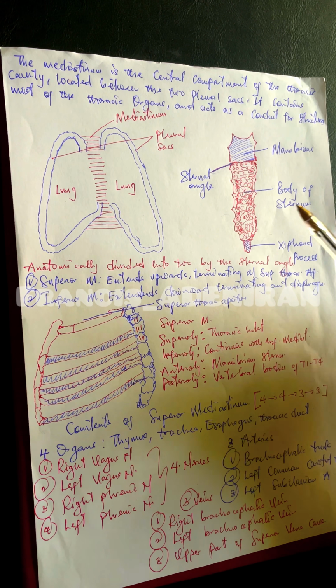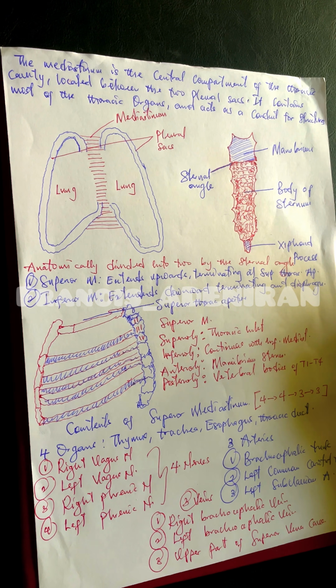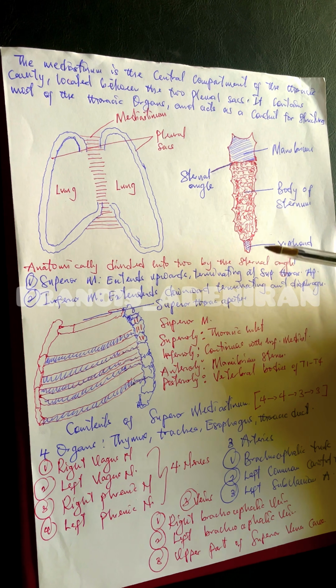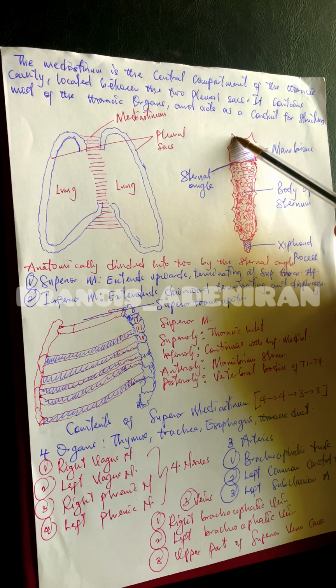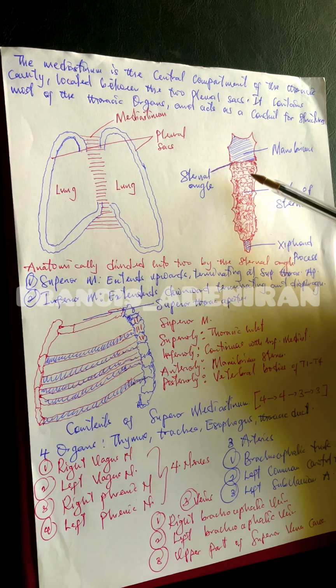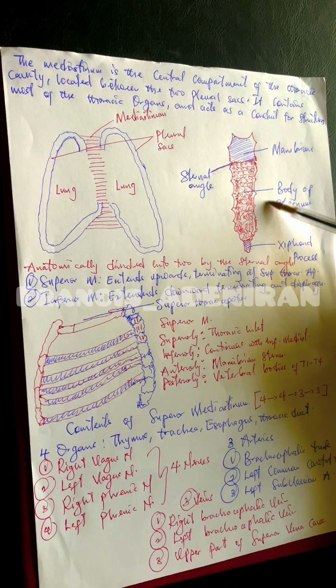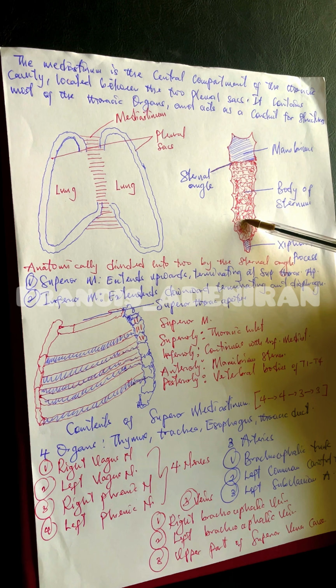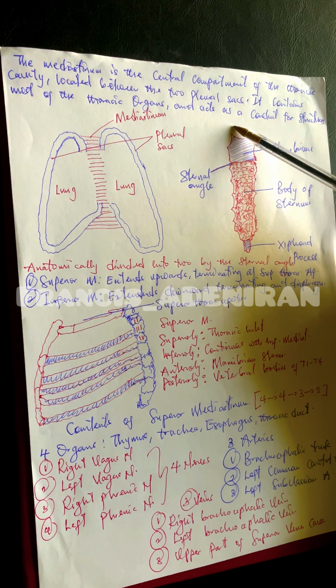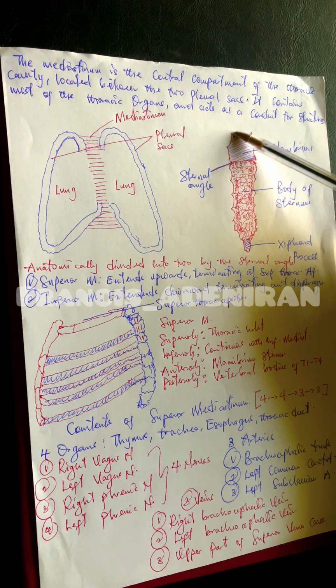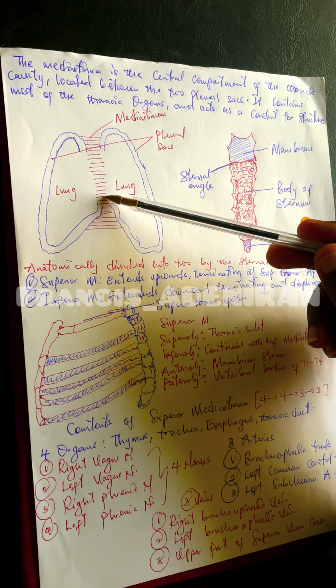Now, anatomically, the mediastinum is divided into two parts. We have the superior mediastinum and the inferior mediastinum. The superior mediastinum is the one superior to this sternal angle, while the inferior is that part inferior to the sternal angle. So for a second, let's place this structure in front of this.